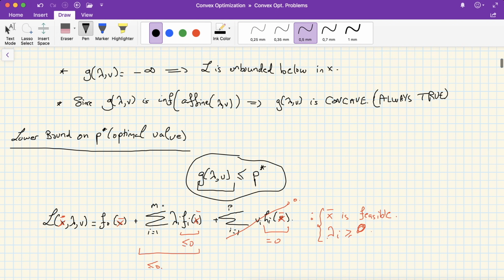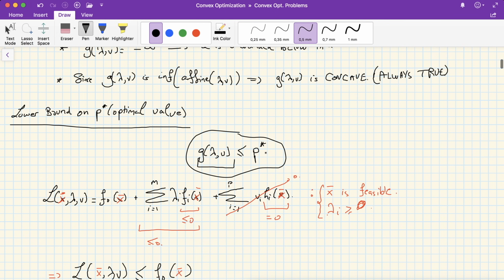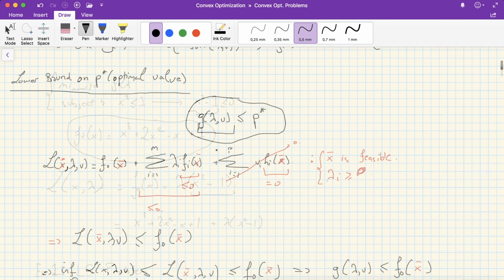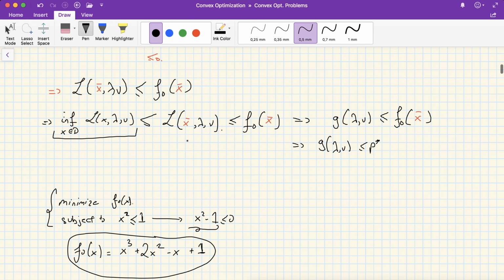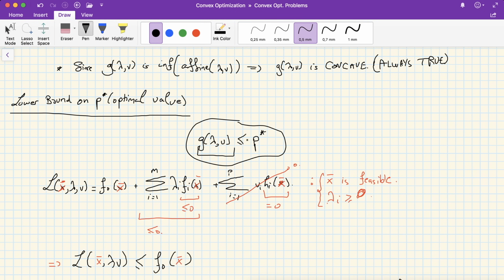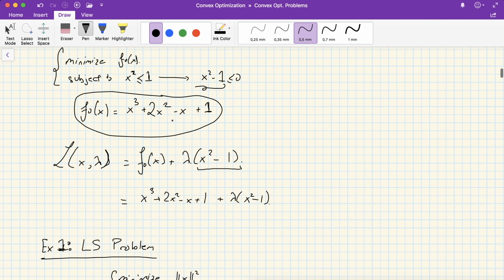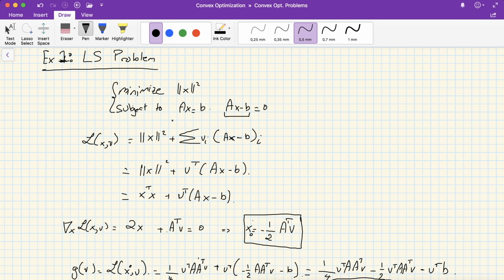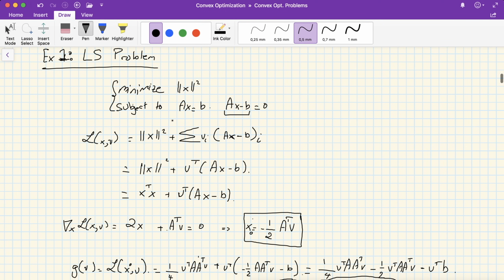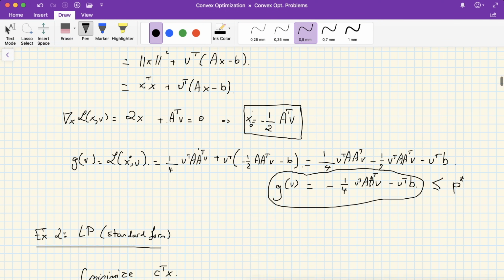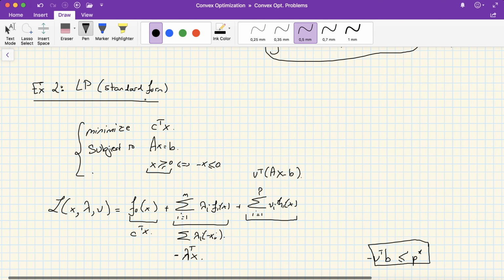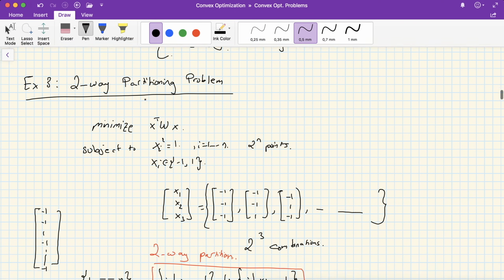We gave a lower bound on the optimal value of an optimization problem that always turns out to be the Lagrangian dual function, g. We gave an example on MATLAB to verify that this inequality is always true. After that, we derived the Lagrangian function and its corresponding dual for 3 examples: the least squares, the linear programming in standard form, and the two-way partitioning problem.